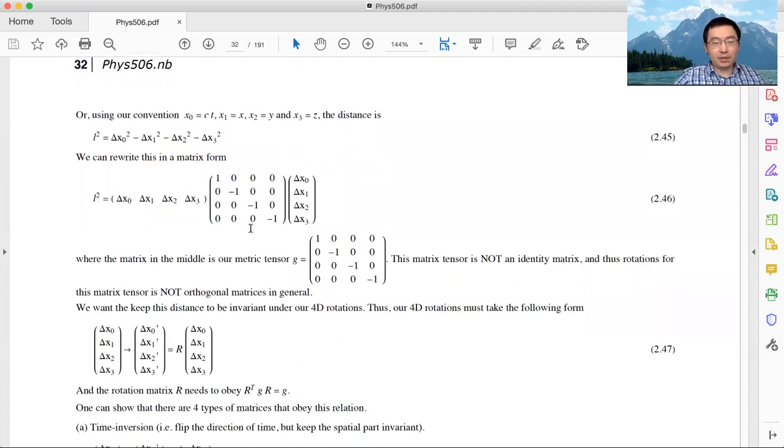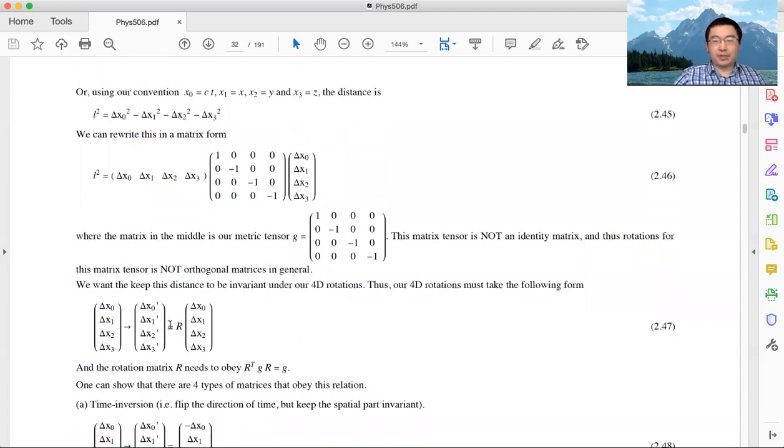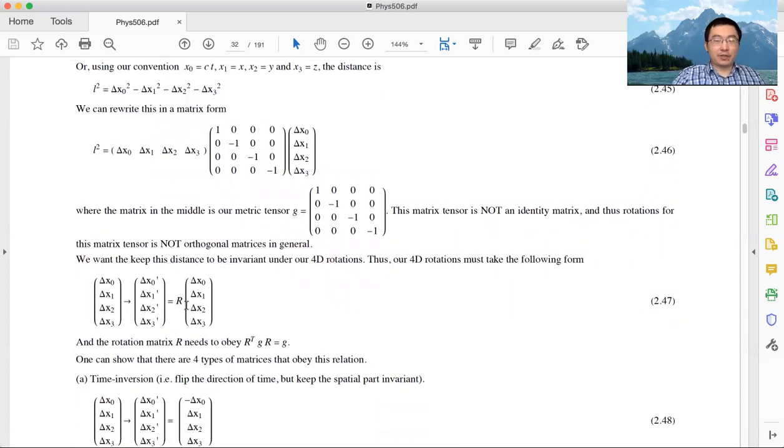Okay, we have a 4-dimensional rotation. Say we want to make sure that this 4-dimensional rotation preserves this distance, L squared does not change. If we want this 4-dimensional rotation to preserve the distance, then the condition is this one, as we highlighted on the previous page.